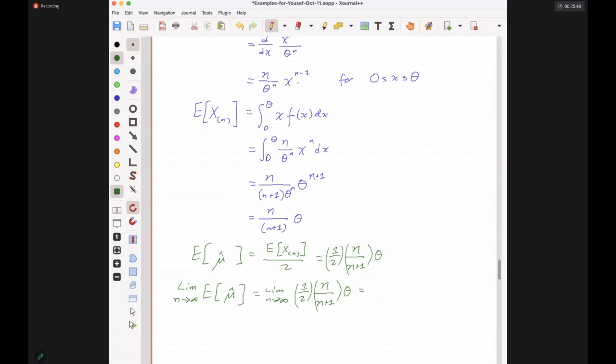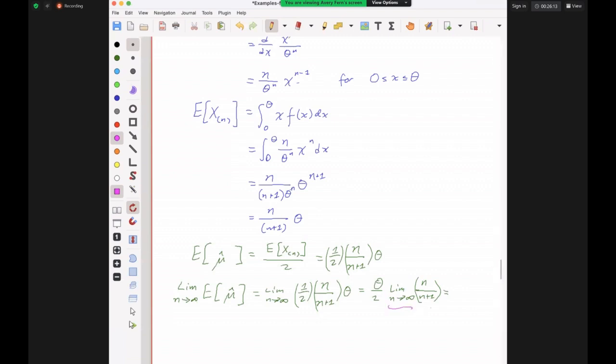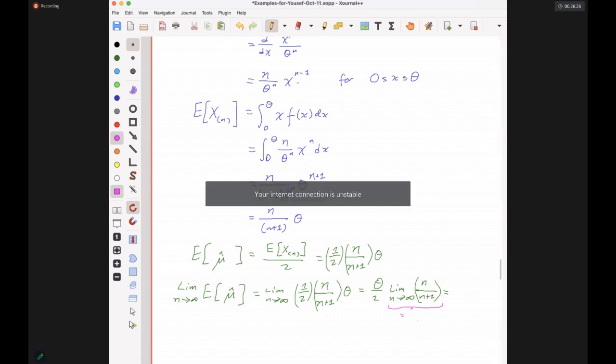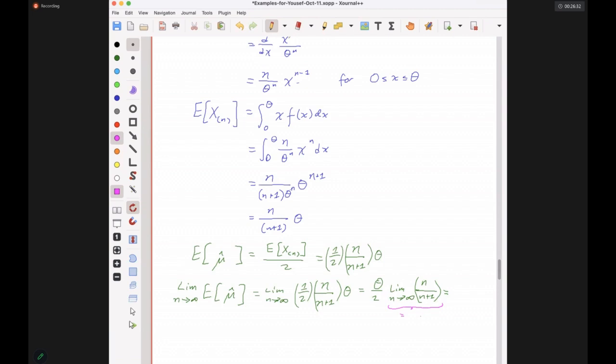I can factor out everything that does not involve n, and this will be theta over 2 times the limit as n approaches infinity of n over n plus 1. What is this limit?